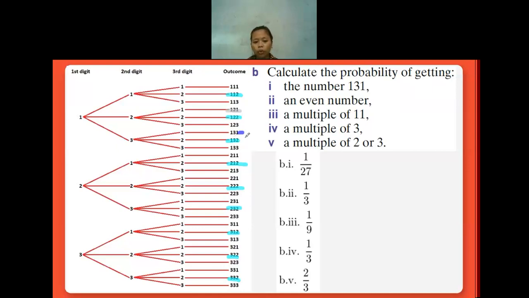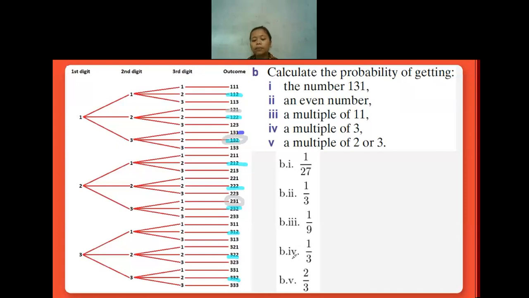This is also 11 times 12, which equals 132. And then 223. 21 times 11 equals 231. There are 3 numbers that are multiples of 11. 3 out of 27 equals 1 over 9.